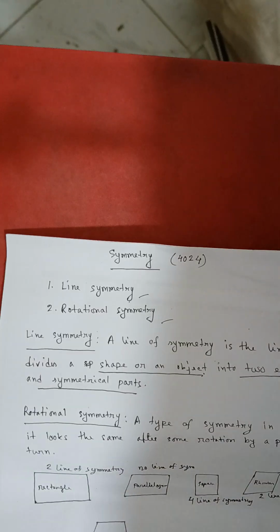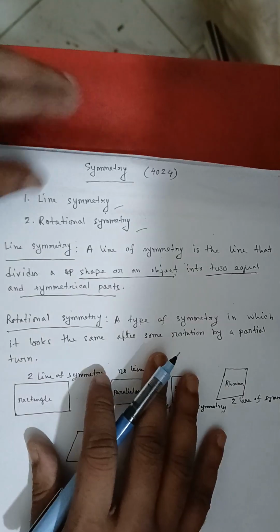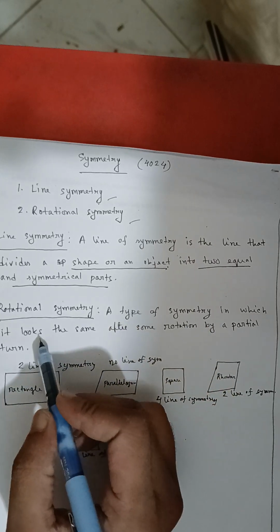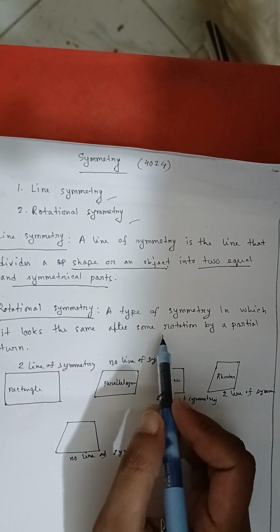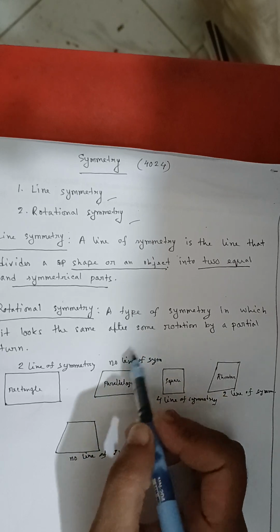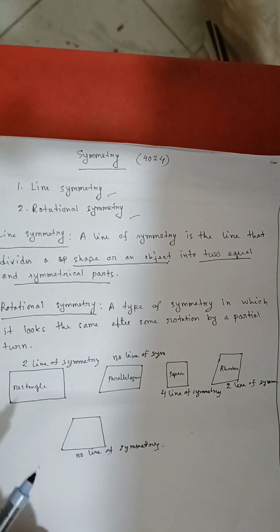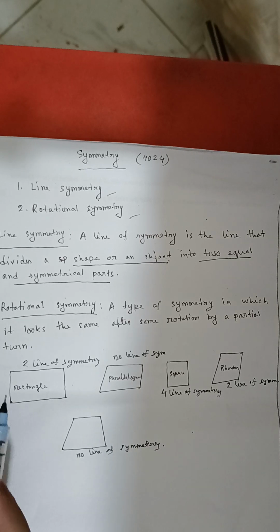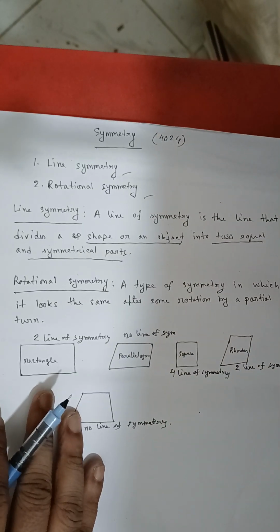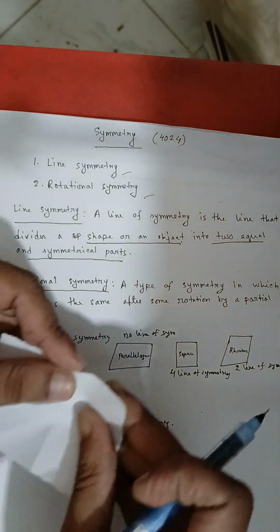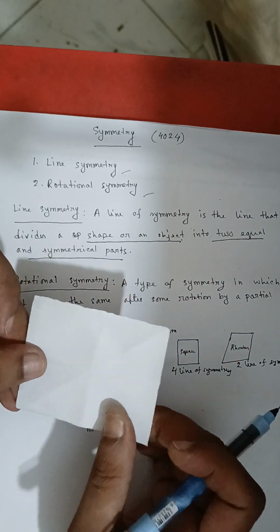Now come to the rotational symmetry. Rotational symmetry is a type of symmetry in which the shape looks the same after some rotation by a partial turn. If I rotate something and I get the same shape, then I can say it has rotational symmetry, like this one. This is a rectangle, we know that.